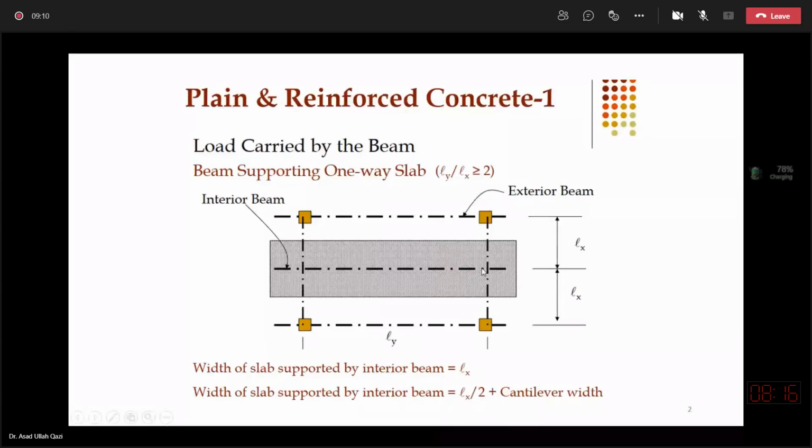So you may call it a secondary beam which is resting on the primary beam which is running from column to column.